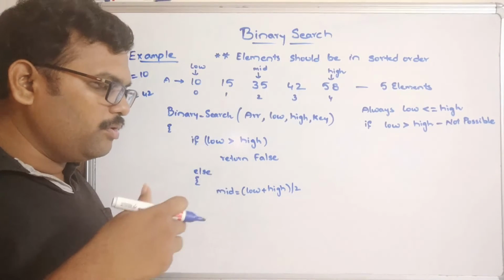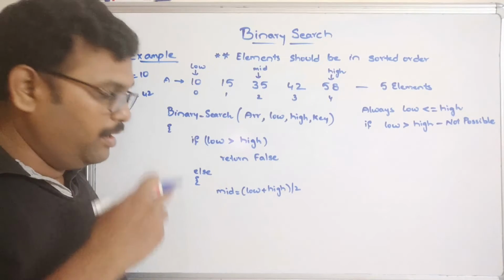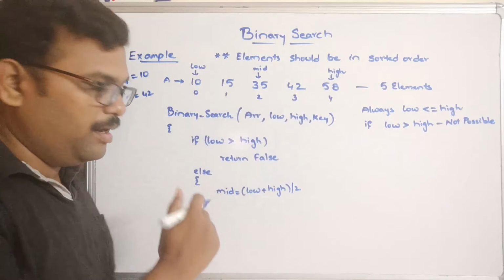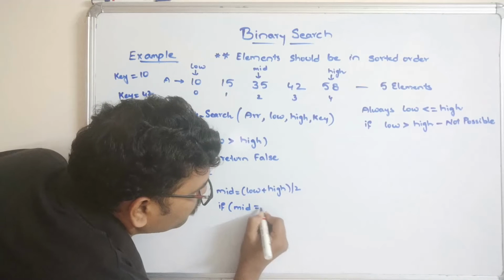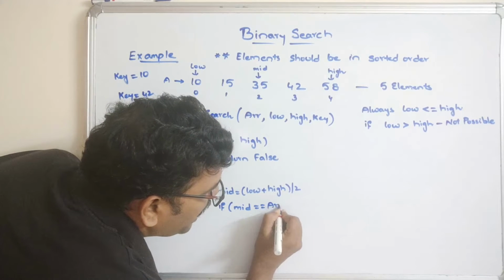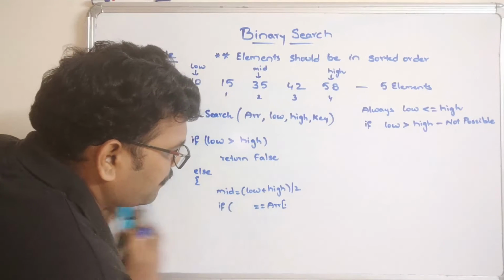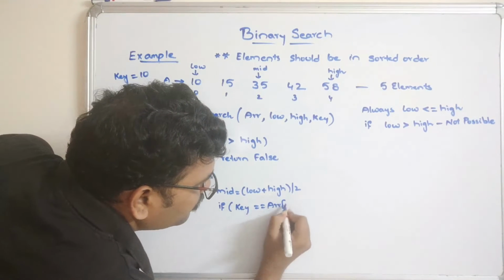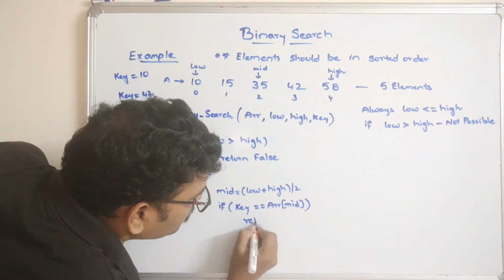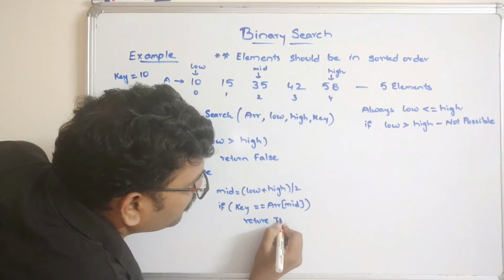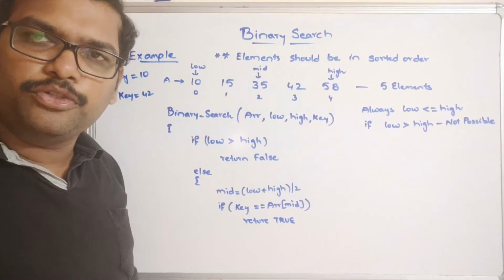So after getting the mid value, this is an index, right? Now we have to compare the key with the middle element. So here, if key is equal to array of mid, then write down return true, or you can write yes, the element found at the position mid.